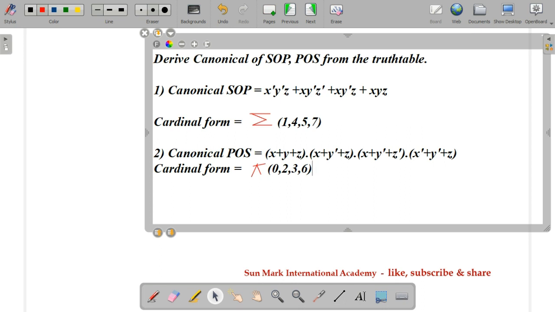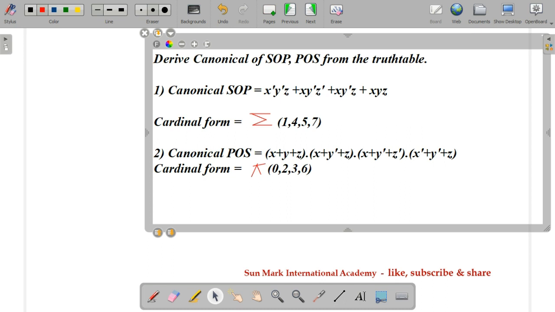A maxterm is the sum of all the literals. Cardinal means the minterm or maxterm designation numbers, the corresponding decimal numbers.